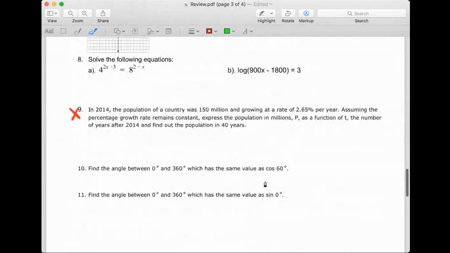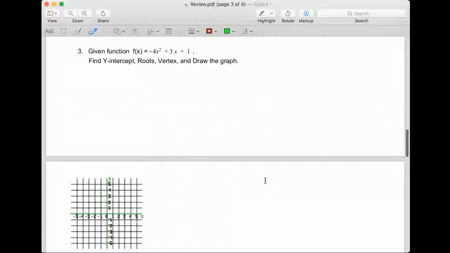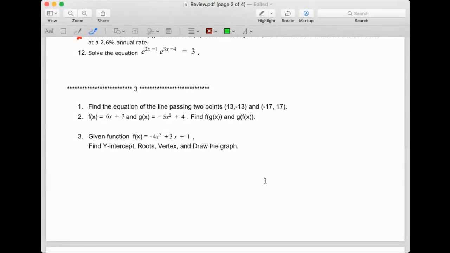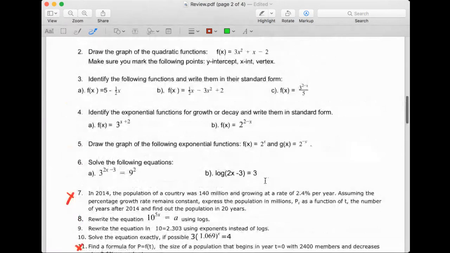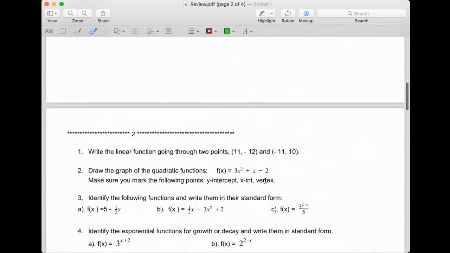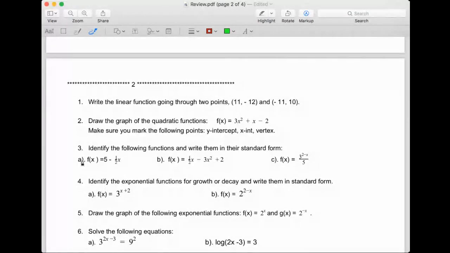Or do you mean in part 3? It says number 3 on it, a little higher up. Right there: identify the following functions and write them in the standard form. I don't understand the sentence.